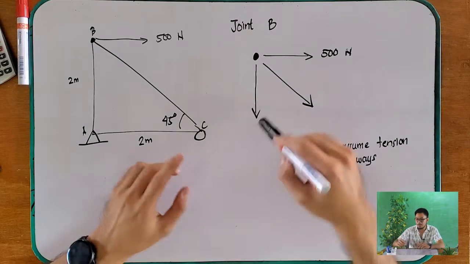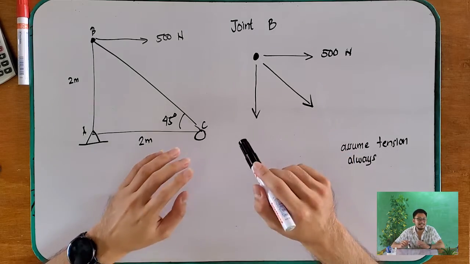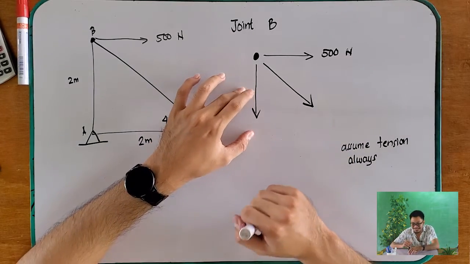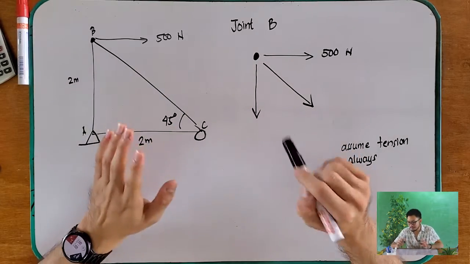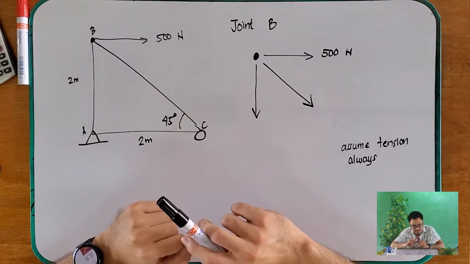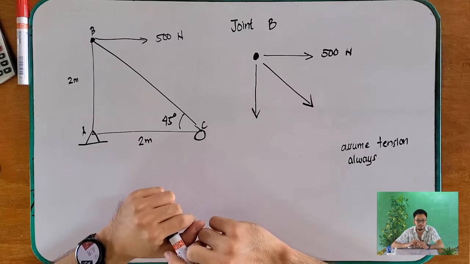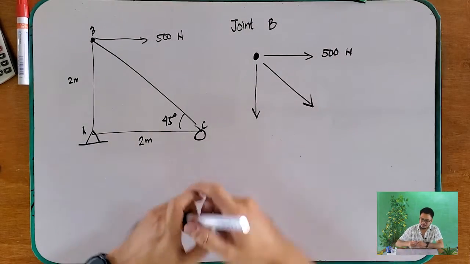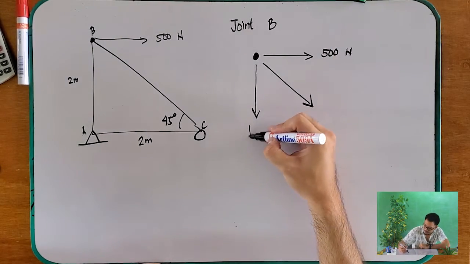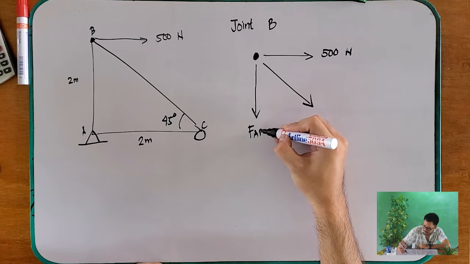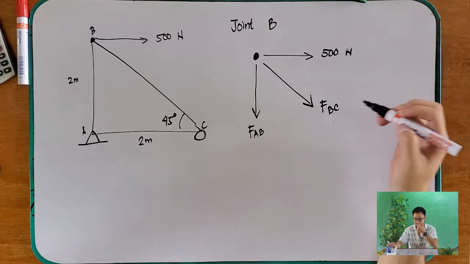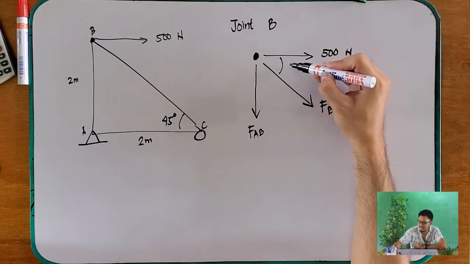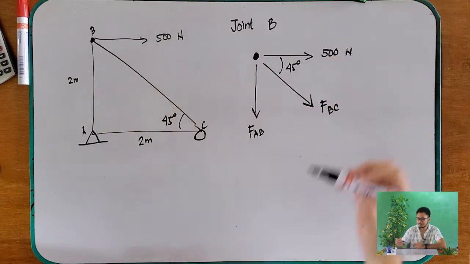And again, once you arrived on the answer nga negative, then you can say that sayo pang imong assumption sa tension. Then, you can just simply change the direction and make it compression. Okay? So, sige. So, this is your unknown force FAB. And this is your unknown force FBC. And we all knew that this one is 45 degrees.